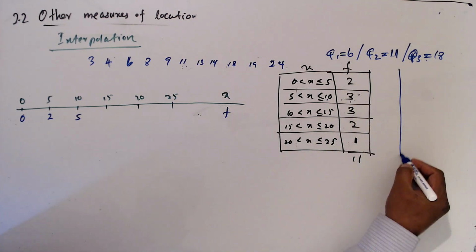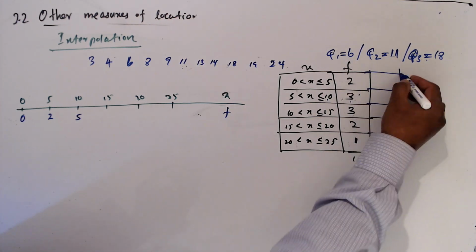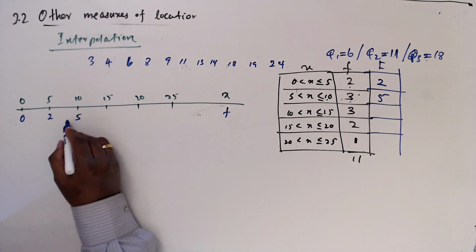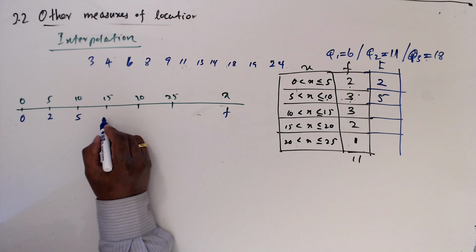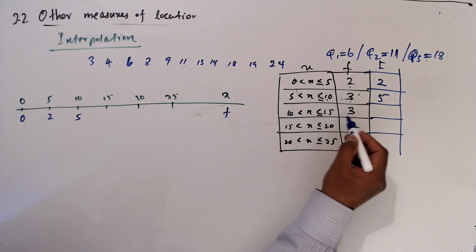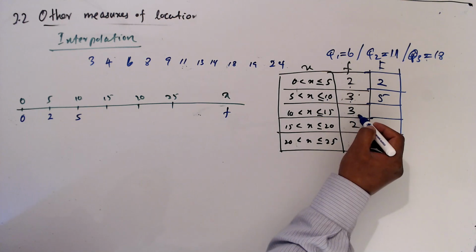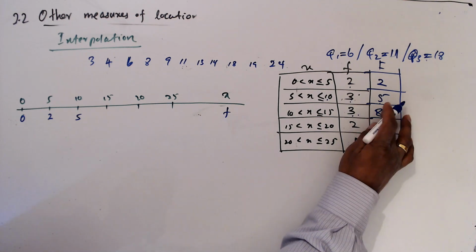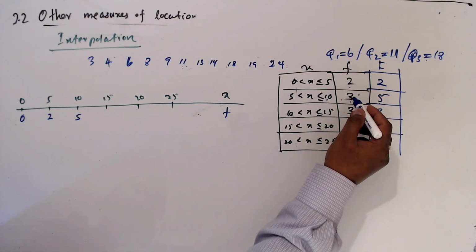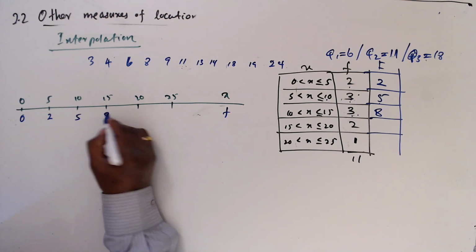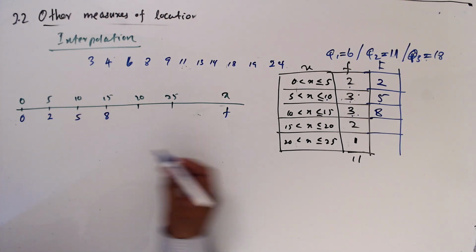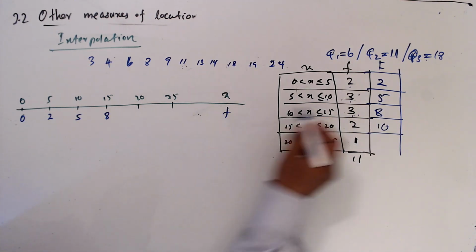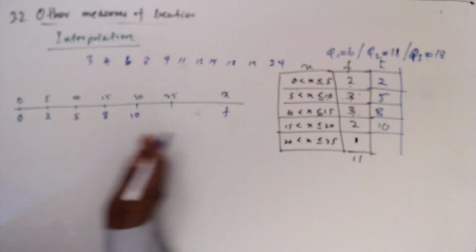Okay. I'll put the cumulative frequency table. If this is 2, this is 2 plus 3, 5. And when it is 15, up to here, 5 plus 3, 8. Then 8 plus 2, 10. Up to here you have 10 in that frequency.